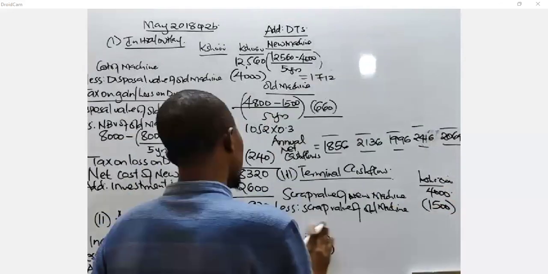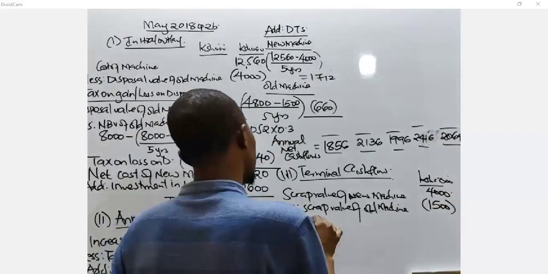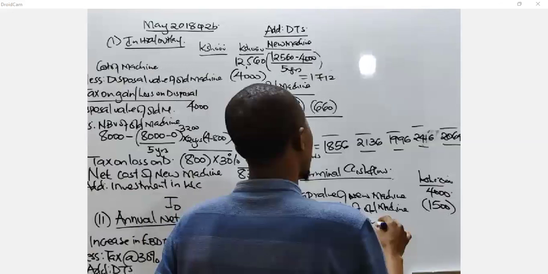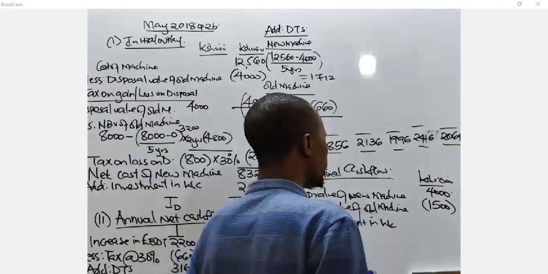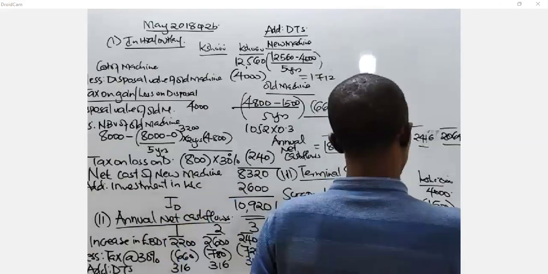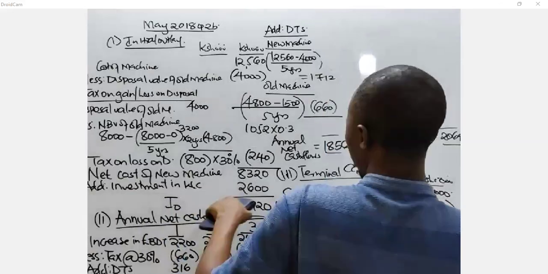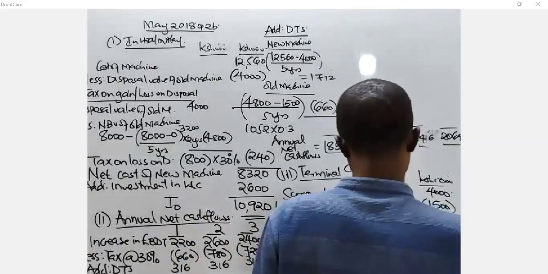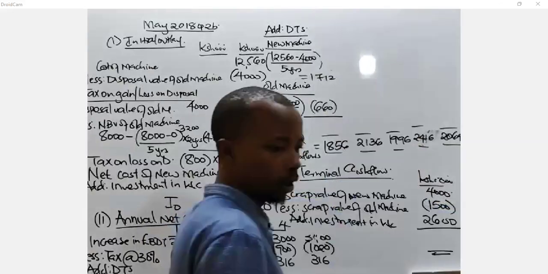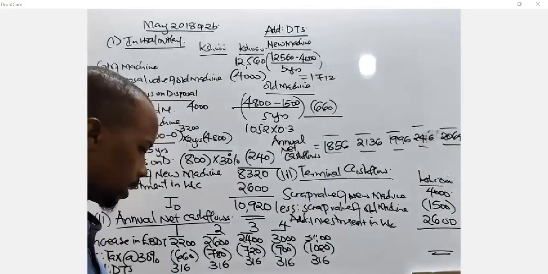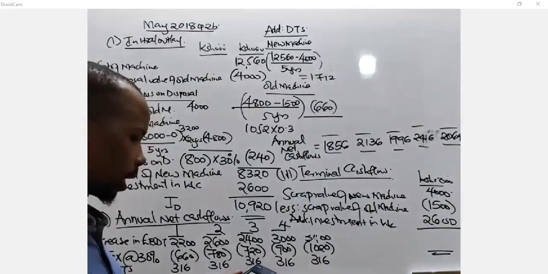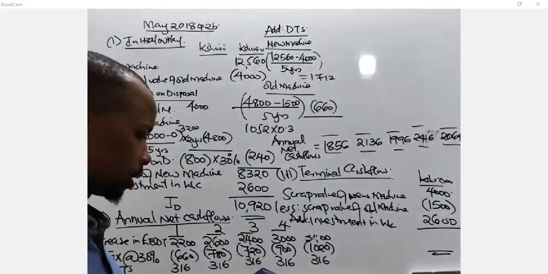Then we add the investment in working capital, which was about 2,600. So we take 4,000 minus 1,500 plus 2,600, getting 5,100.